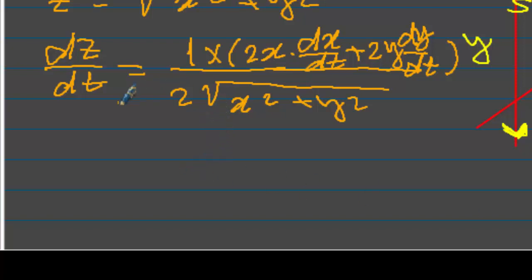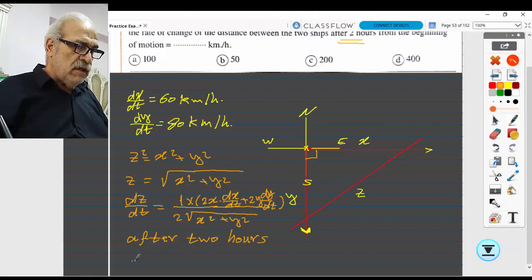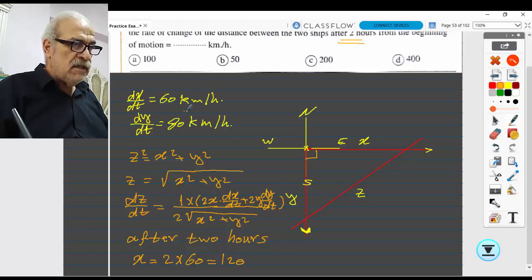Okay, now we need to know the value of each term here after 2 hours. After 2 hours, x equals 2 multiply 60, which equals 120, because we have dx dt equals 60 kilometers per hour.